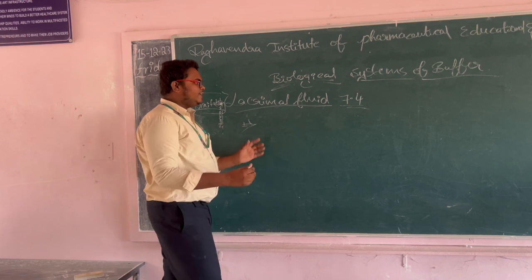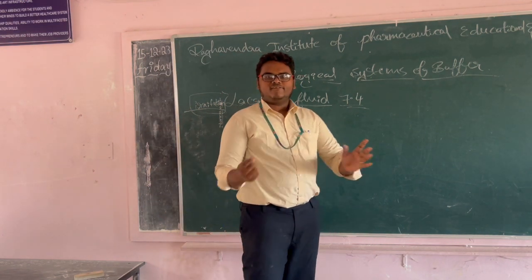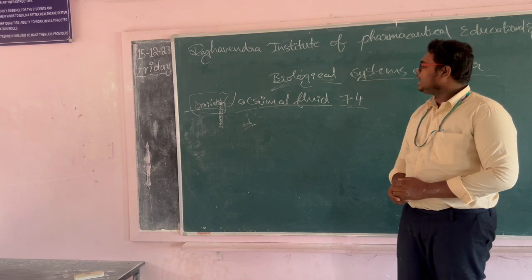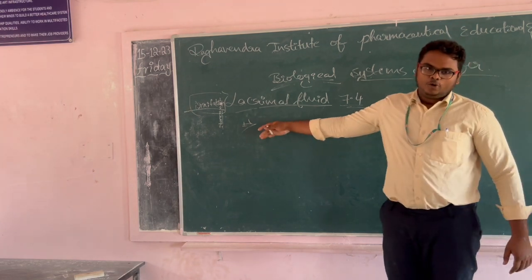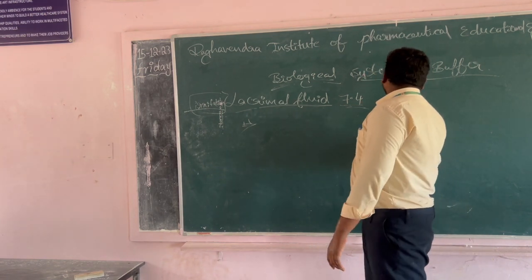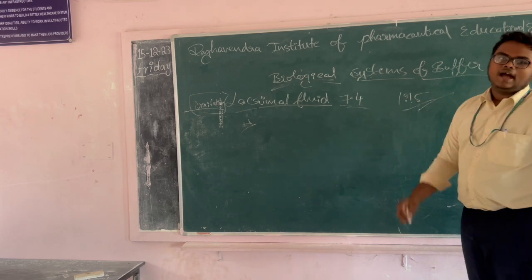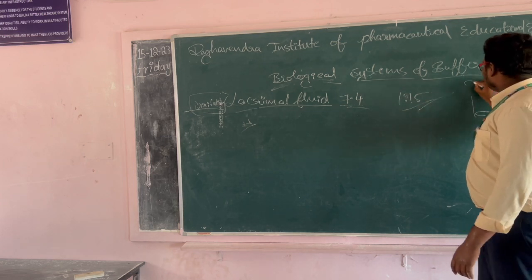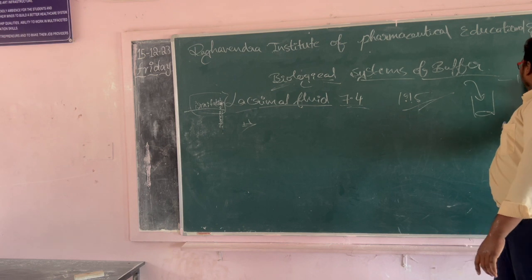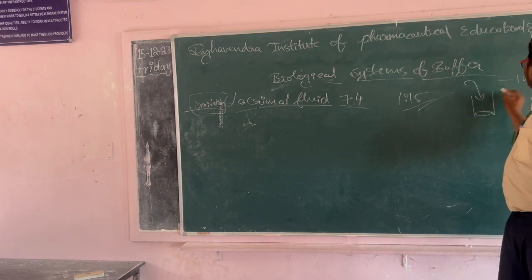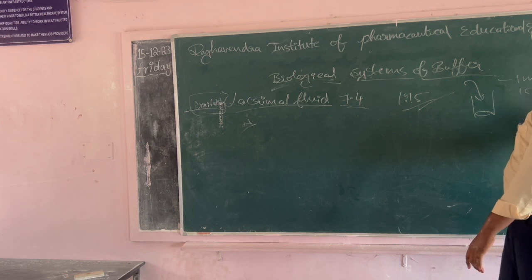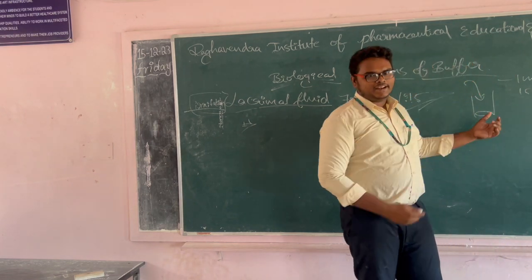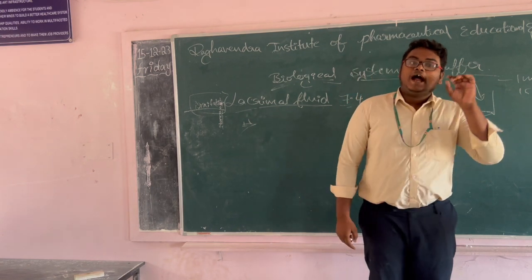This buffer can hold up to a 1 to 15 ratio of dilution, neutralizing capacity against any acid or base. If you take 1 ml of tear and add 15 ml of diluted acid or base, it can still hold the alkalinity at a constant range.